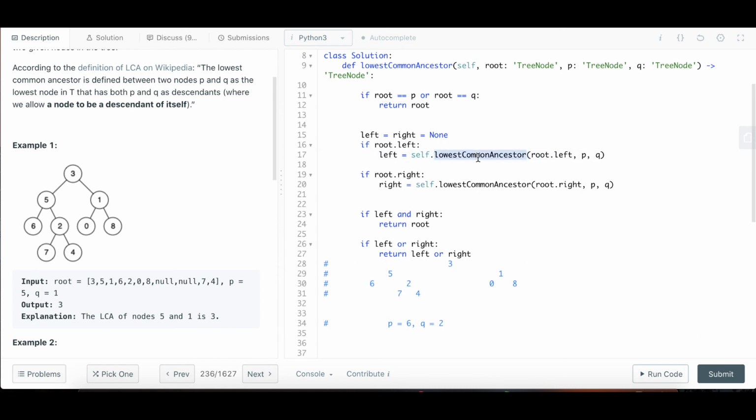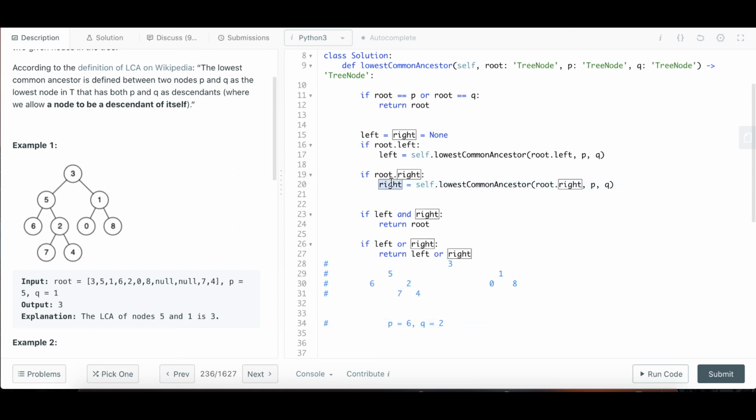Because you're calling the function again here, now root is equal to P because you already found P, which is 6. Now you return left as a new value, which holds onto 6. Now you go to root right. Keep that in mind. It's not the right of the root 3. It's the right of 5. You go here, you find 2. Your Q is 2. Good.